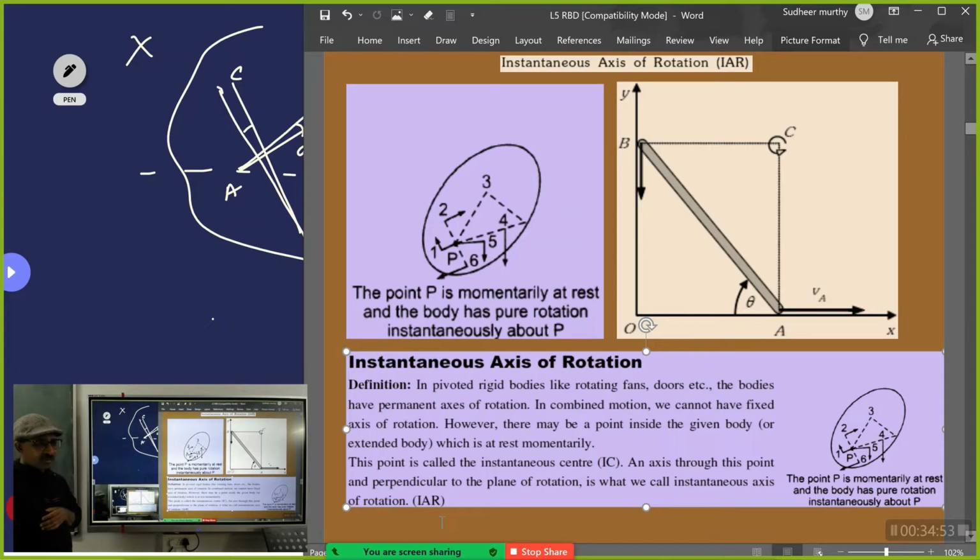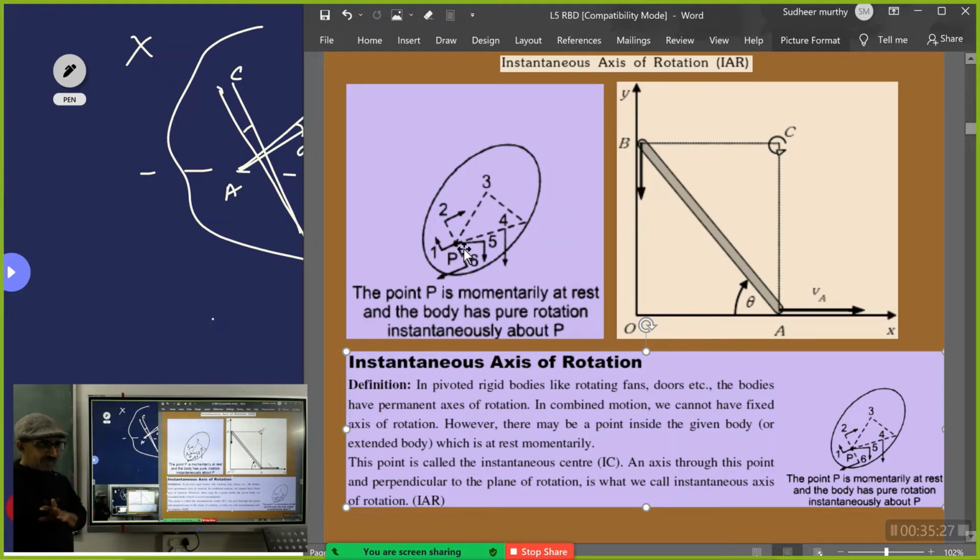If at an instant of time you are able to locate these velocity vectors, and you drop perpendiculars from these vectors, they will pass through a point about which all the particles are rotating.